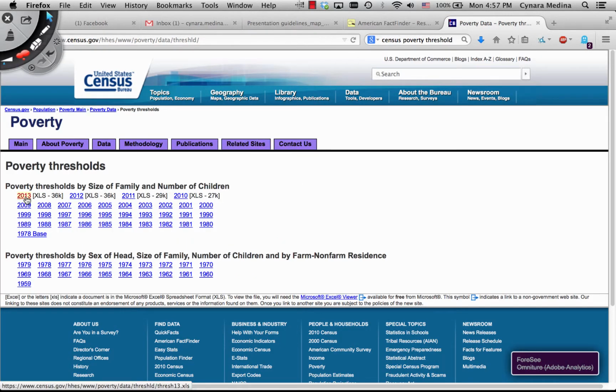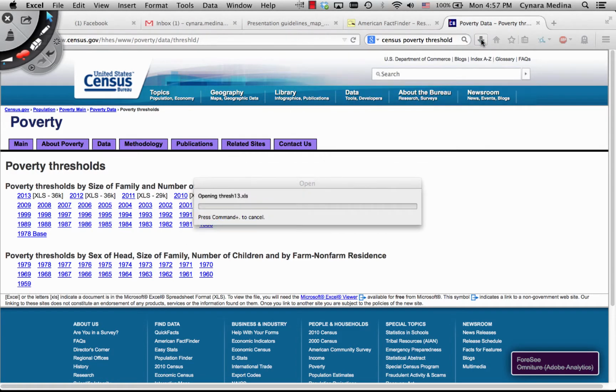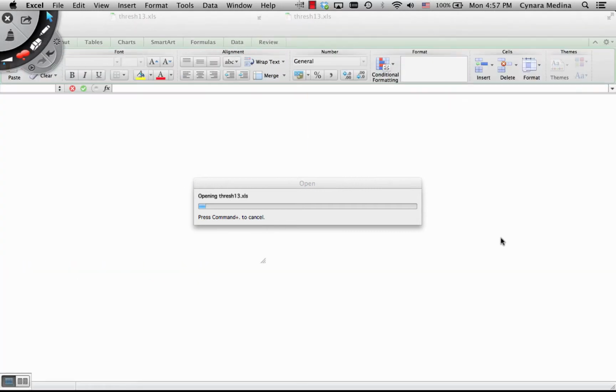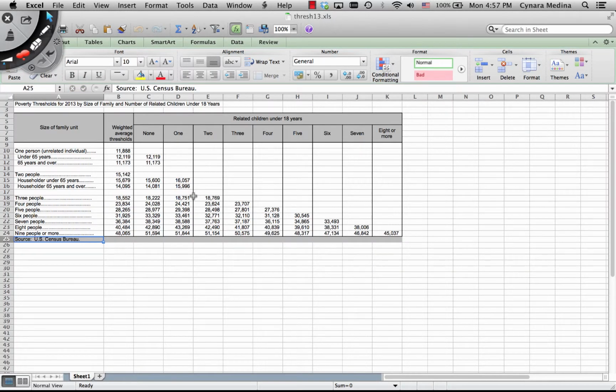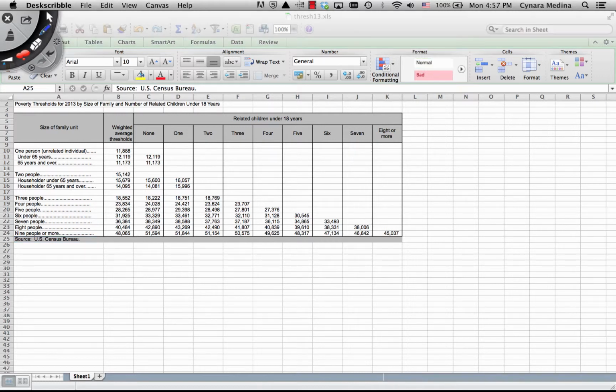And it's an Excel sheet. You just need to download it. So I have it downloaded, and now it's opening. Okay, here we go. So this is the table, and the information that you need is in this column right here.